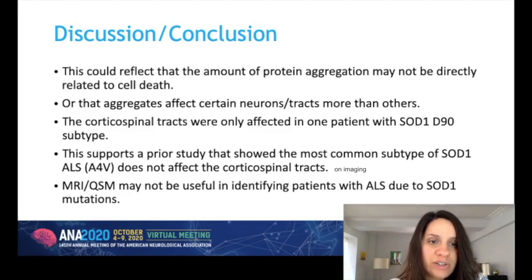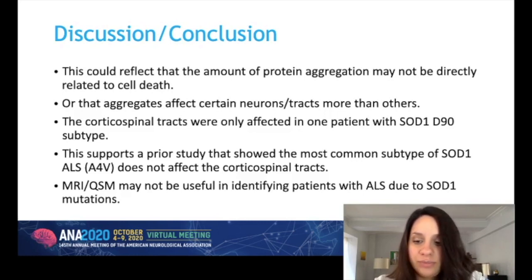The corticospinal tracts were affected in the SOD1 D90 subtype, and so therefore MRI with QSM may not be useful in distinguishing ALS due to SOD1 mutation from any other kind of ALS patient.